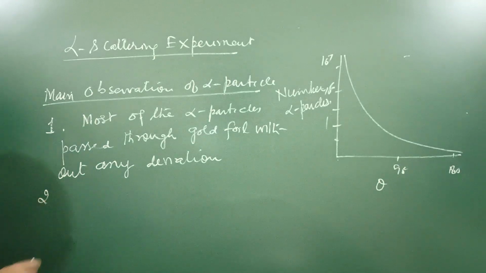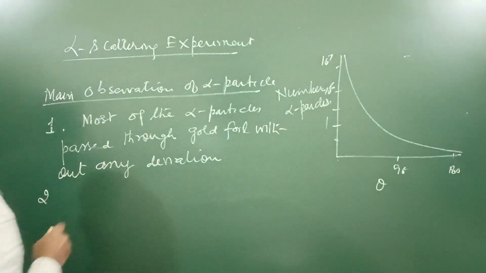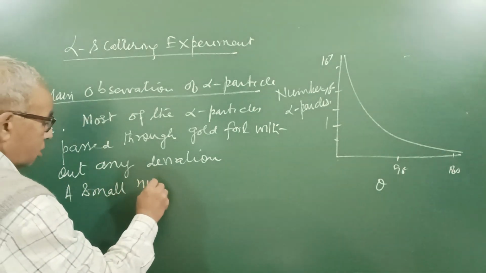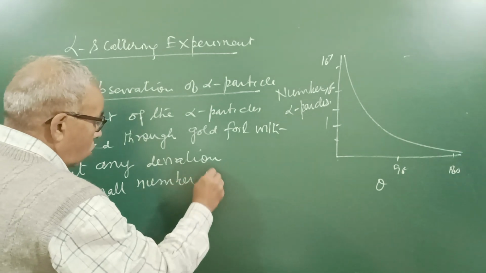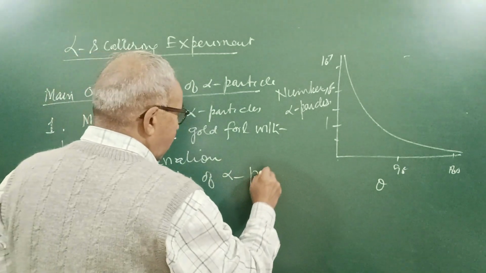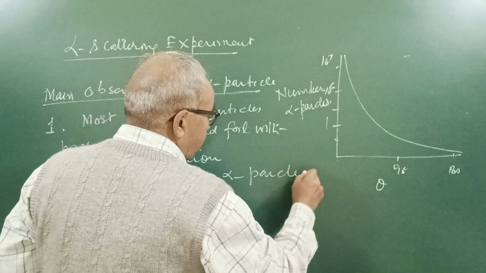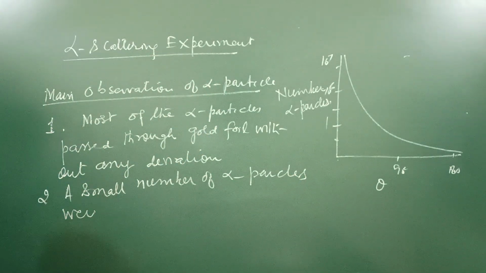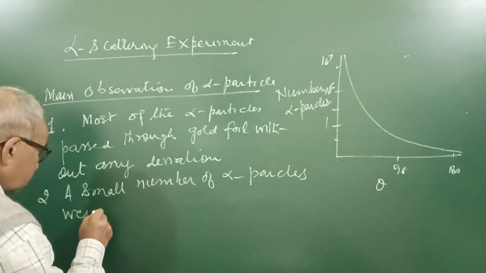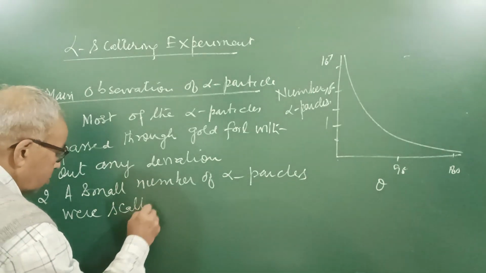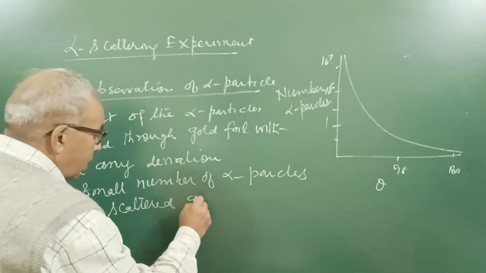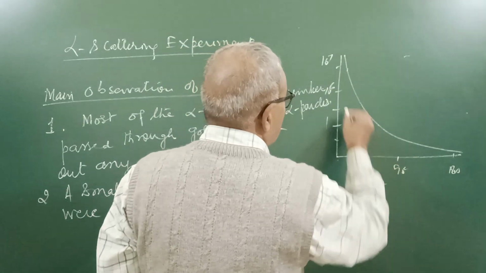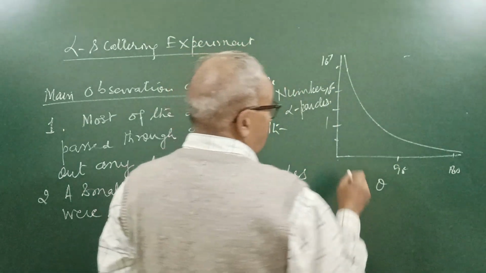Number two: a small number of alpha particles were scattered at large angle.